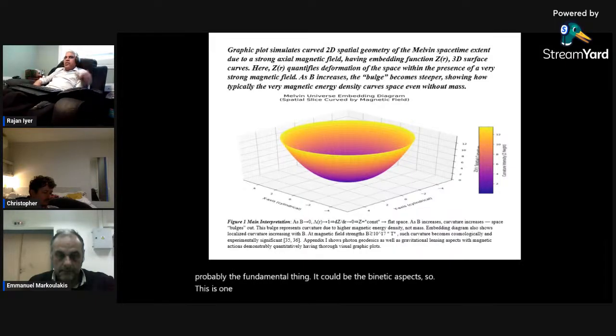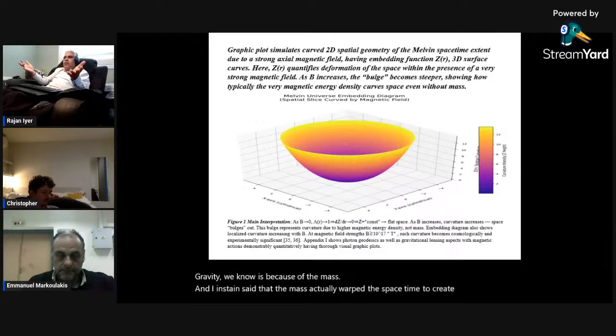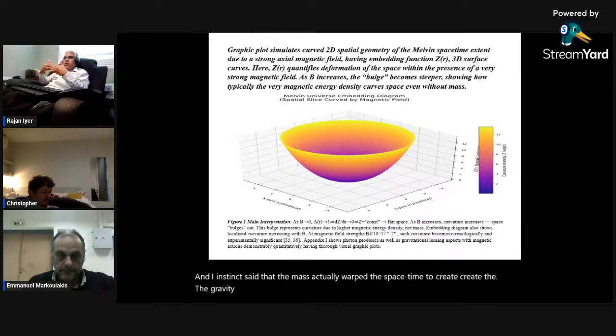So the big question is the catch-22: gravity, we know, is because of mass. And Einstein said that mass actually warps space-time to create gravity. So that's a catch-22. Which one occurs first?